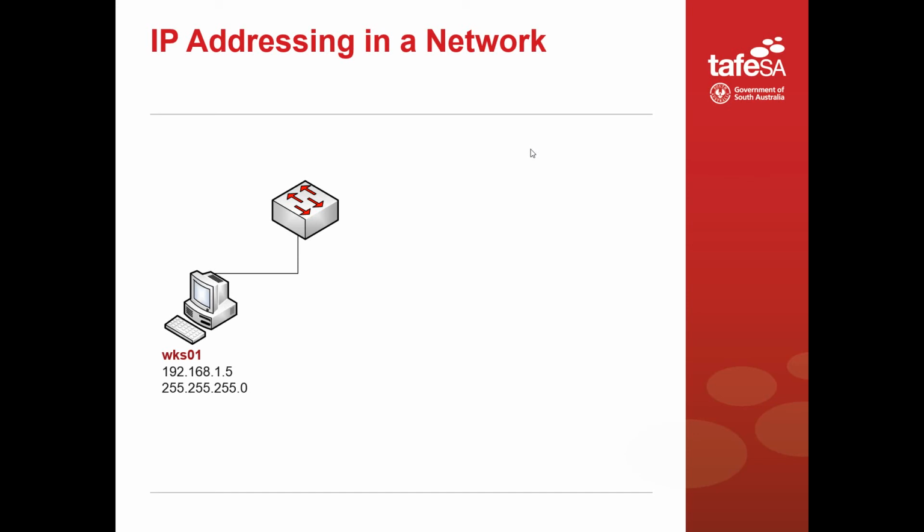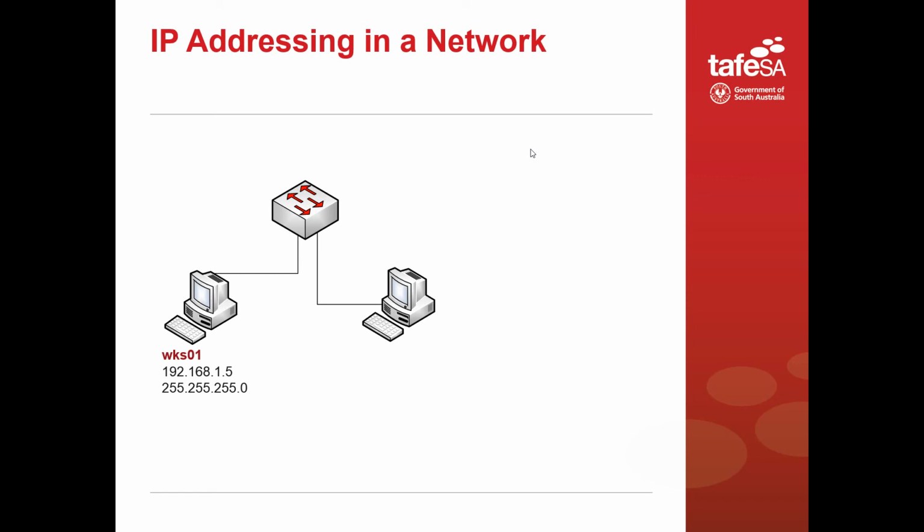As we worked out before, we converted into binary so we could see the ones, but we don't need to convert into binary. You can just know that the 255 portions are where the network ID is.